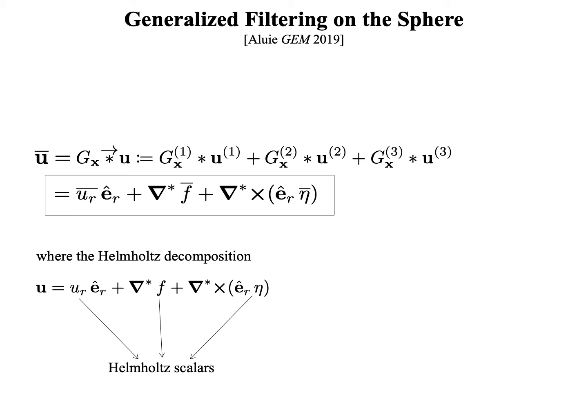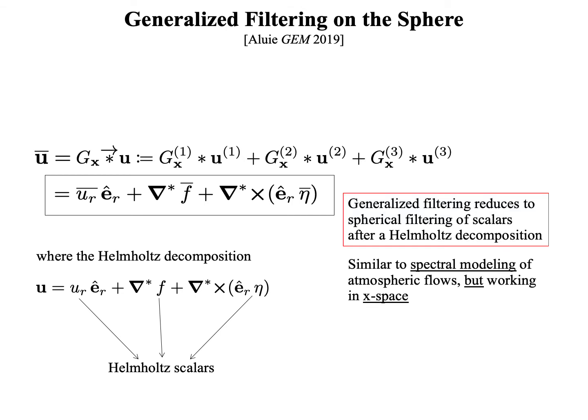Another way is by relying on the Edmonds transformation property that I mentioned. I should mention that this kind of approach is similar to spectral modeling, but in spectral modeling, you're working in Fourier space, in spherical harmonic space. Here we're working in physical space, which is a very powerful way to look at the flow.